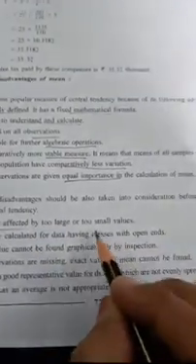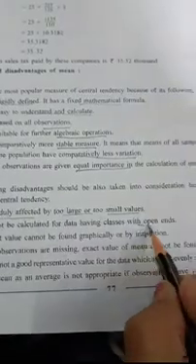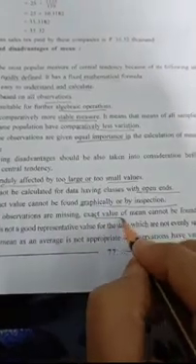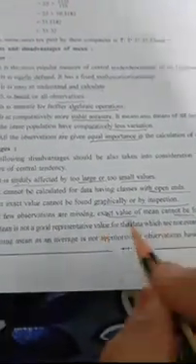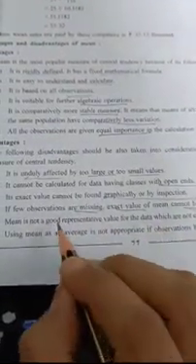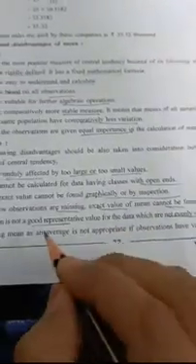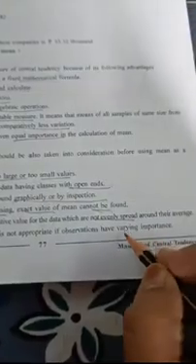Likewise, disadvantages: unduly affected by too large or small data, cannot be calculated with open end classes, graphical or inspection cannot be used, exact value of mean cannot be found if observations are missing, not a good representative if not evenly spread, and cannot be used if importance is varying. So these are the advantages and disadvantages which we have seen for the mean.